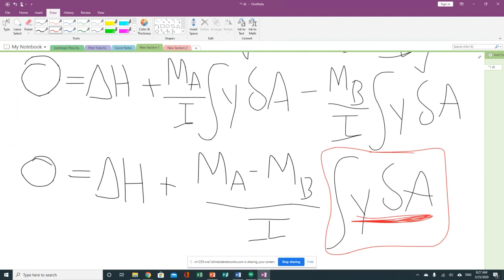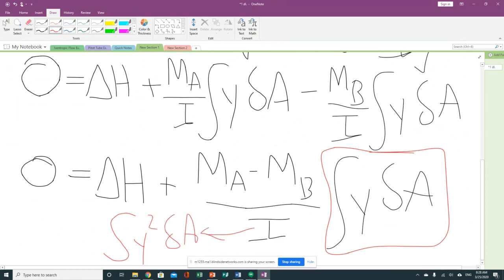What was Y squared dA? We touched on it when we talked about bending stresses. Well, the integral of Y squared dA is your second moment of area.